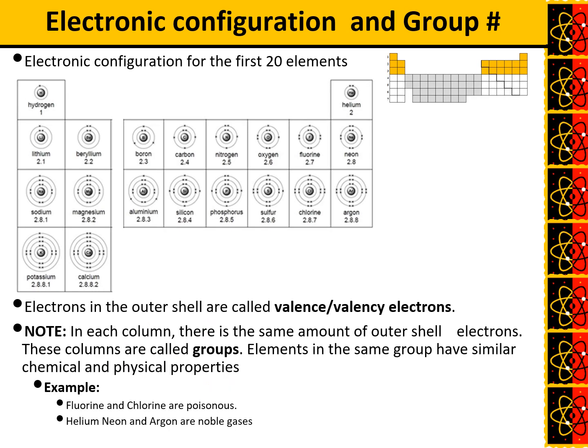If you look at the electronic configuration and the group number for the first 20 elements here, they are the ones that are in yellow here in the periodic table, and you are going to see that this area here is not represented. That should be in the middle here. So we have the amount of electrons in each level, which are with the electronic configuration at the bottom here.